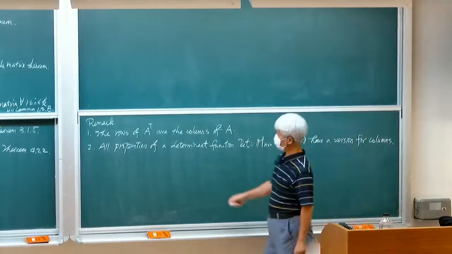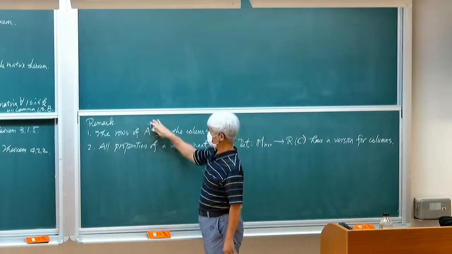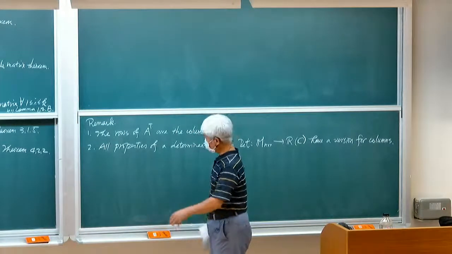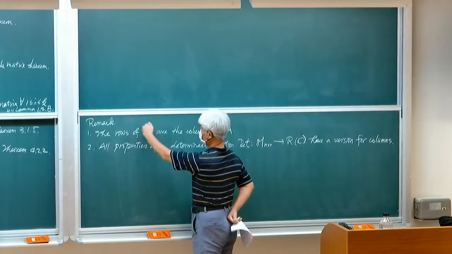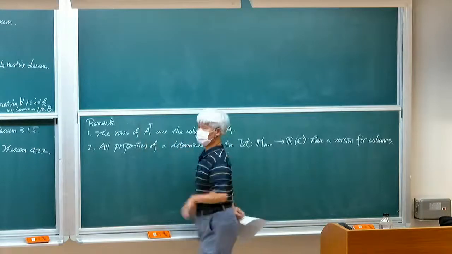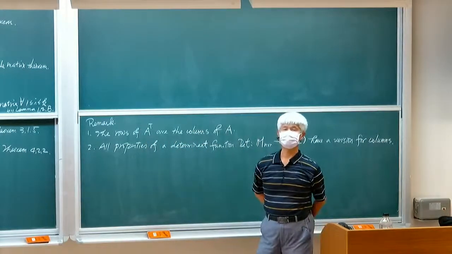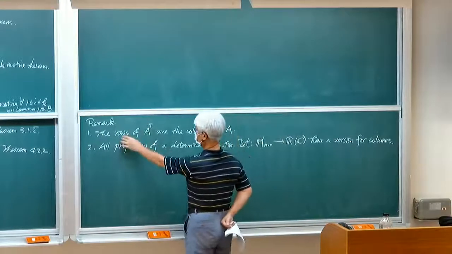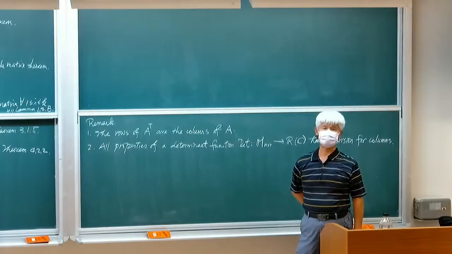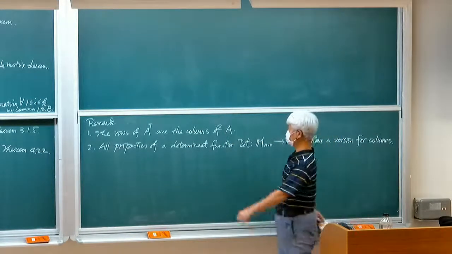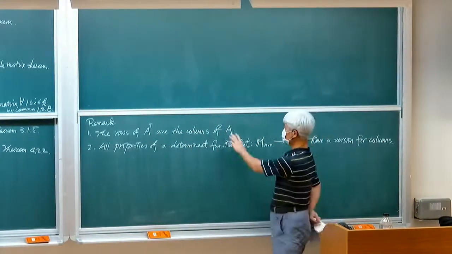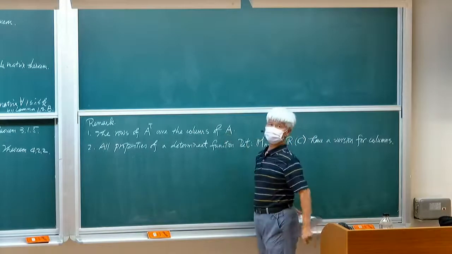Okay, because when we manipulate the rows of A transpose, for example, if we have two equal rows in A transpose, then the determinant of A transpose is 0. But if A transpose has two equal rows, then A has two equal columns. Because A transpose and A have the same determinant, the determinant of A is also 0 too.